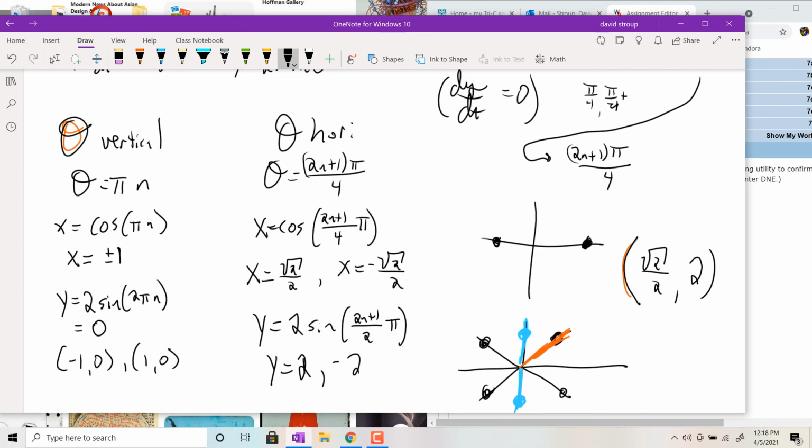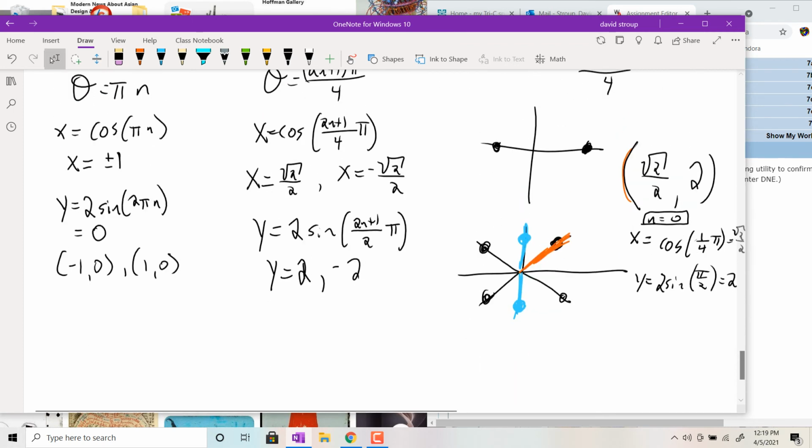Because all I did was let n equal 0. In the first formula, I get x equals cosine of (2 times 0 plus 1) pi over 4, so you get 1 over 4 pi, which is just root 2 over 2. And then for y, you get 2 times the sine of pi over 2. So that's just going to be 2. Okay, so that's for that first angle.